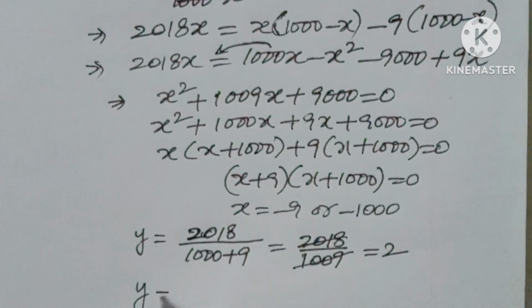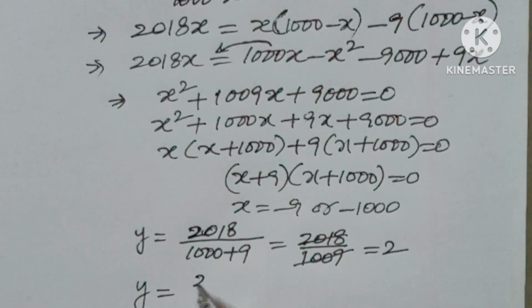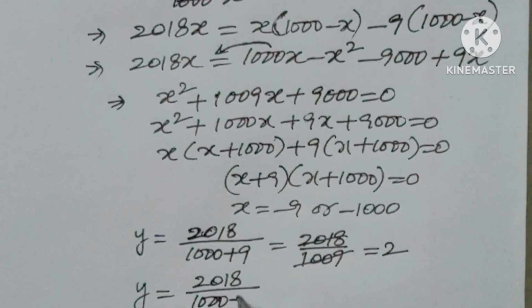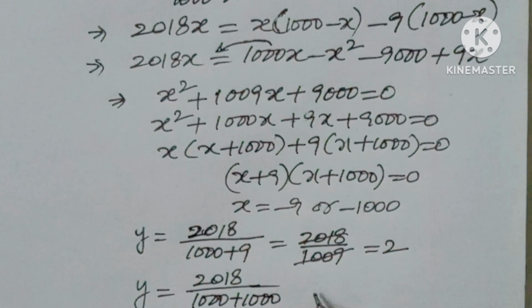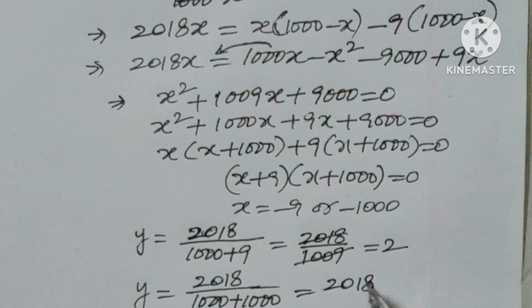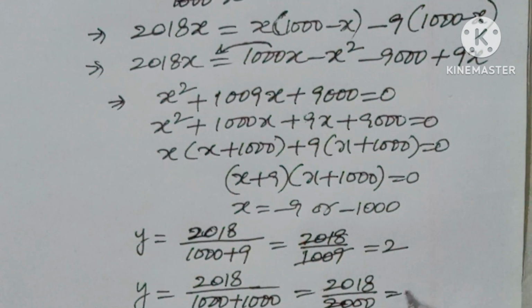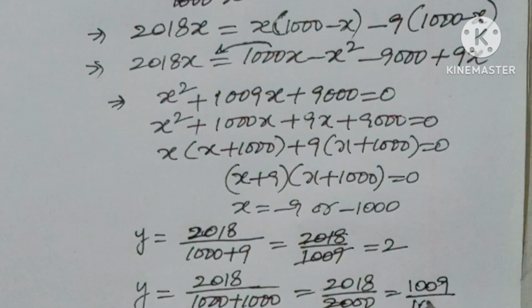For the second value, y is equal to 2018 by 1000 plus 1000, that is 2018 by 2000, which is 1009 by 1000.